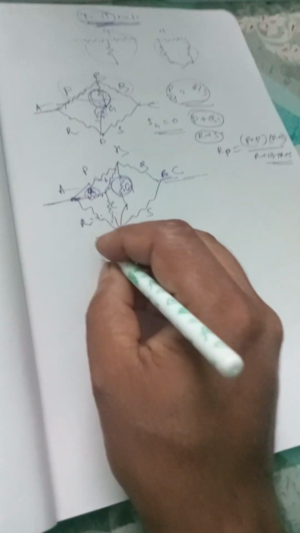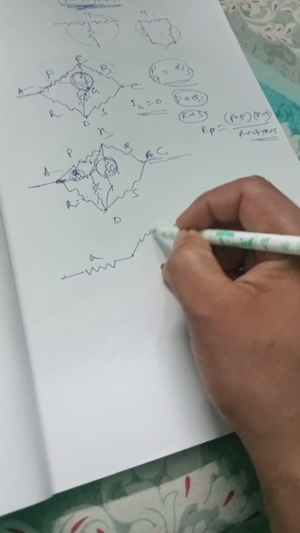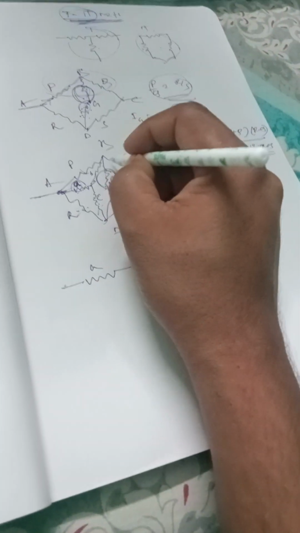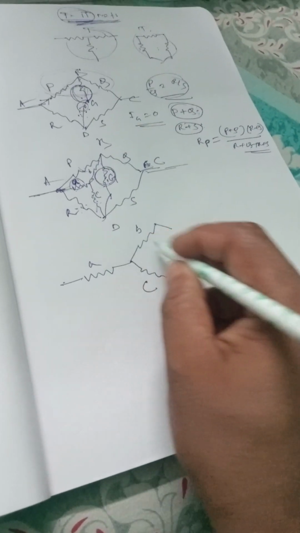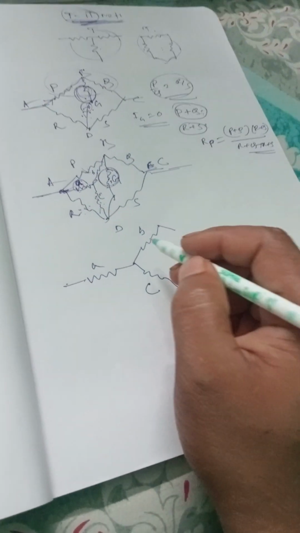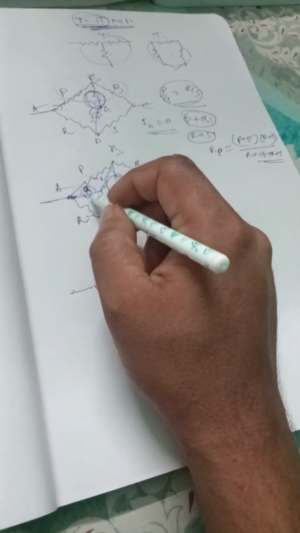Now the new modified circuit will be: this is A, this is B, and this is C, and you have removed P, G and R. I have not drawn P, G and R here because I have replaced them with the 3 new resistors.